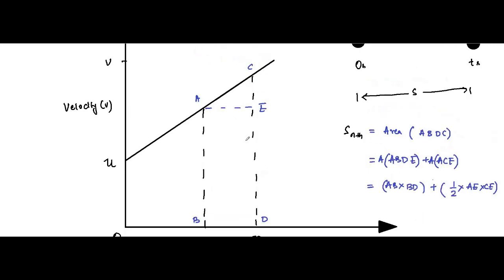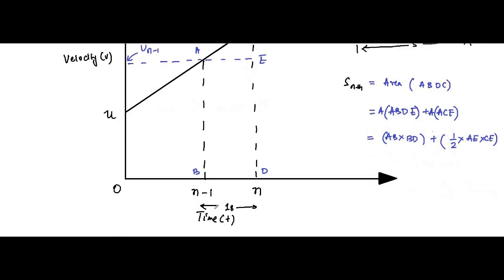Now here, AB is nothing but the velocity, the final velocity attained at the end of n-1 seconds. It is very important to understand. This is the velocity at n-1 seconds, the final velocity at n-1 seconds, that is equal to AB.